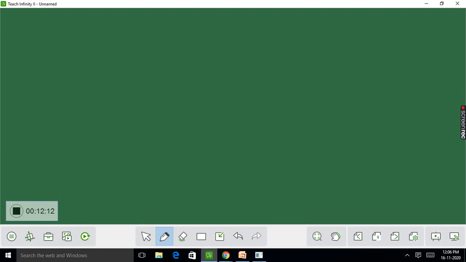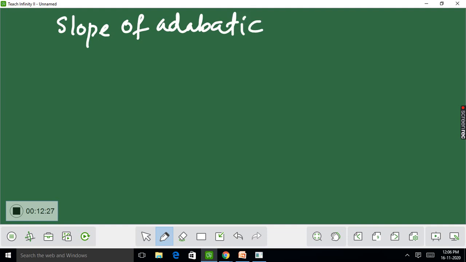I think you can see the green board. We have to show that the slope of adiabatic is greater than the slope of isothermal PV diagram.